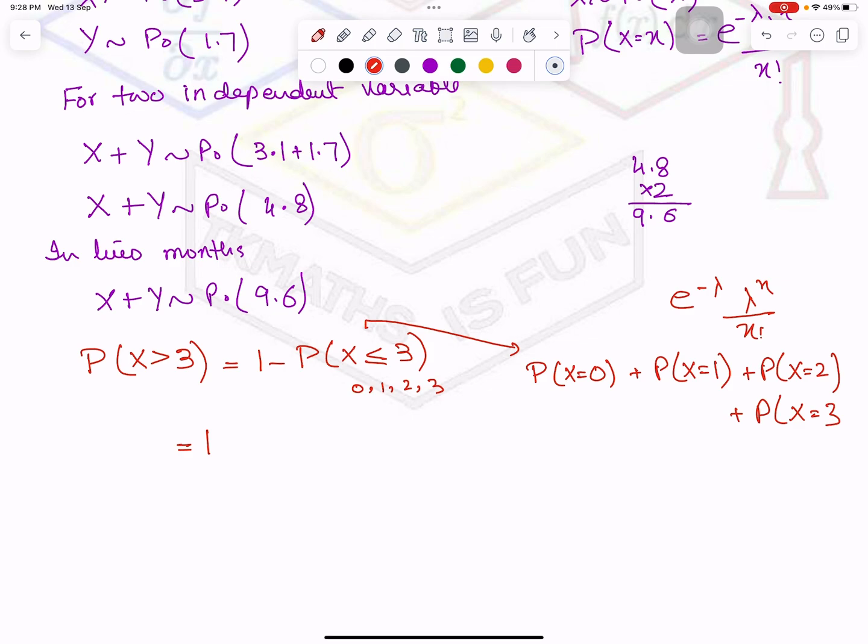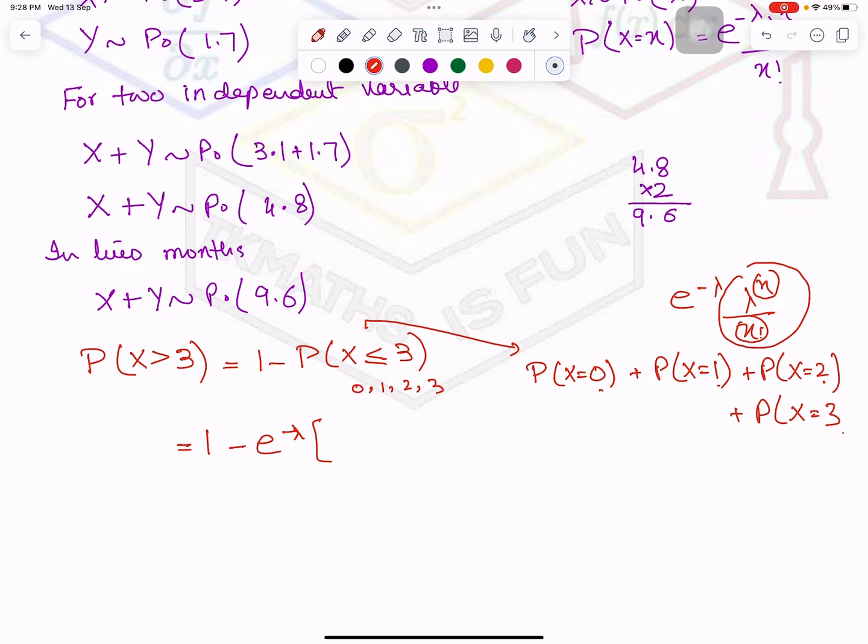So this x will go one by one: 0, 1, 2 and 3. Lambda is fixed, which is 9.6. I can take e power minus 9.6 outside because it is common in all the terms, so now I'm using this part inside the bracket.